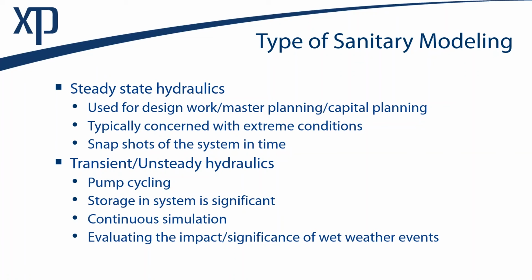And naturally, we want to use transient analyses to evaluate the impact of significant wet weather events. This is probably the most useful aspect of transient analyses, is looking at the combined flows on the system and making sure that we have the capacity to handle certain types of extreme weather events.